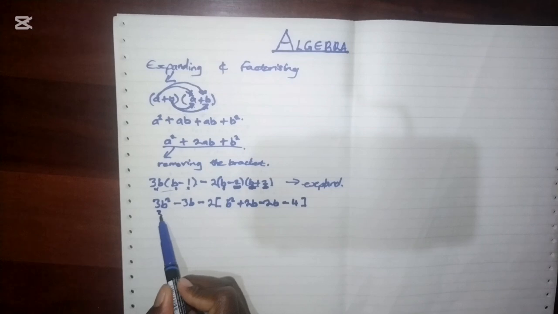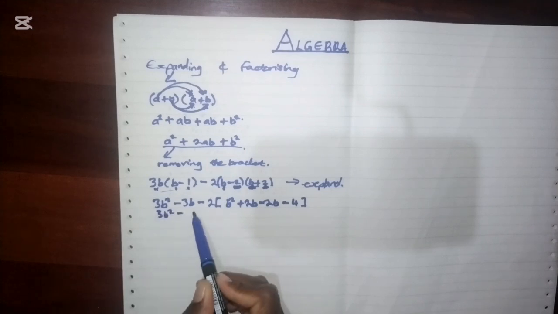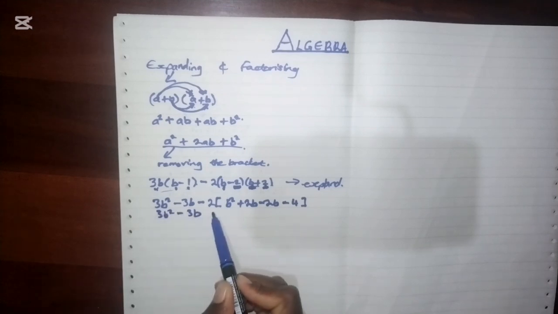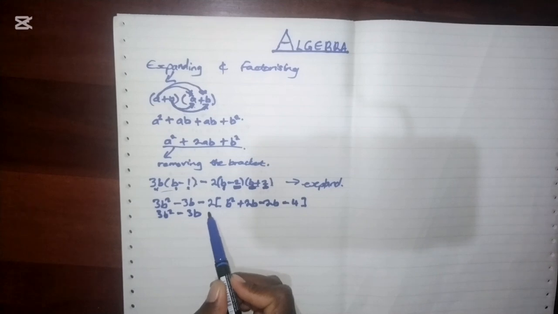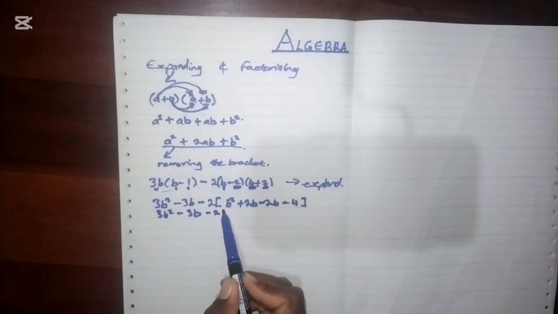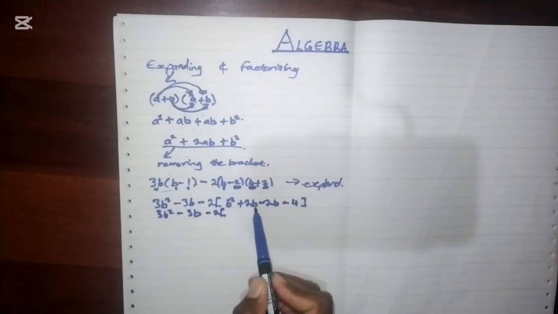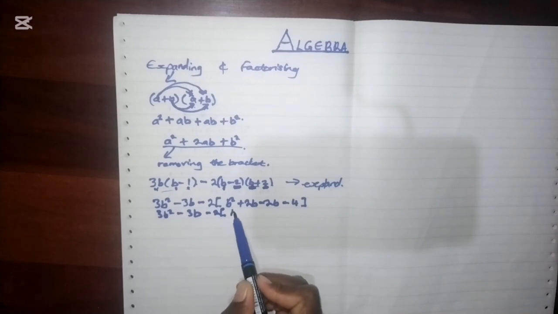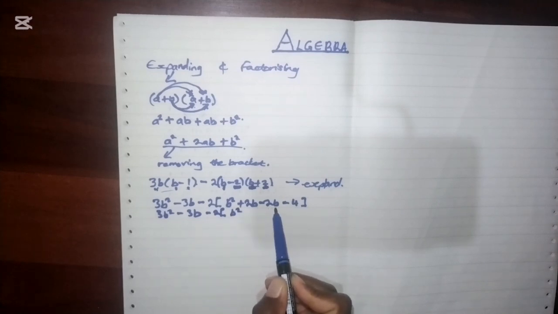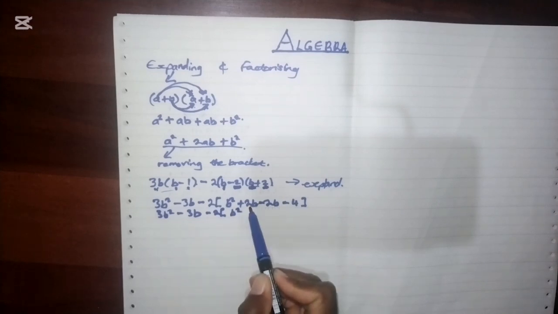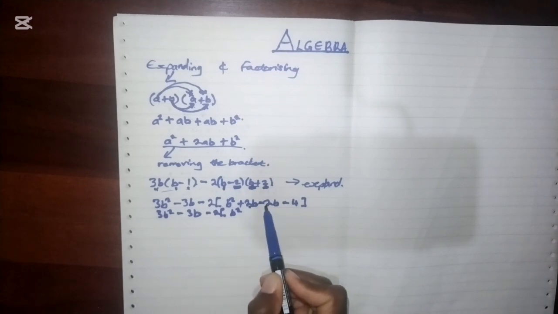So 3b squared minus 3b, then minus 2 times, simplify what's in that bracket: b squared, positive 2b and negative 2b cancel out, which is 0, so minus 4.